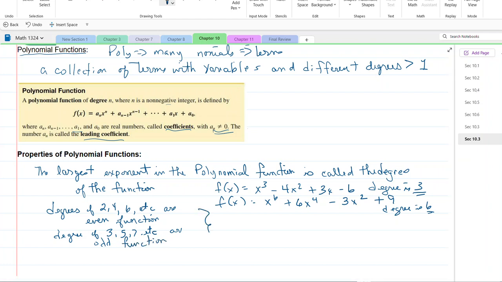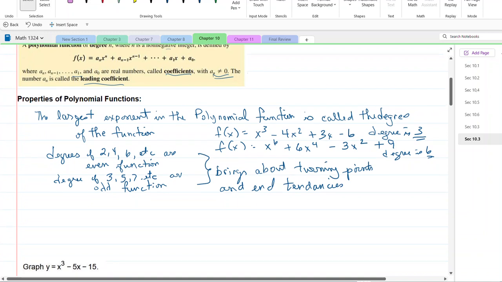And this brings about end tendencies. Now, these are clues to what the function may look like, right?